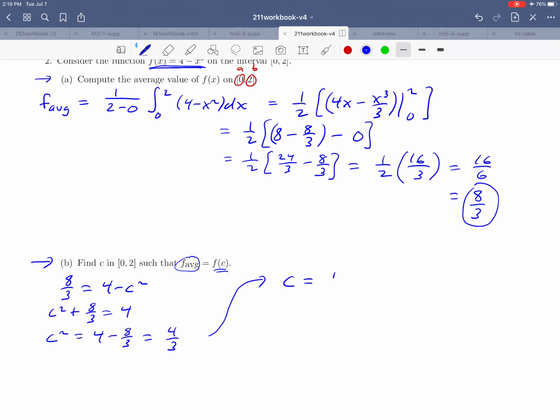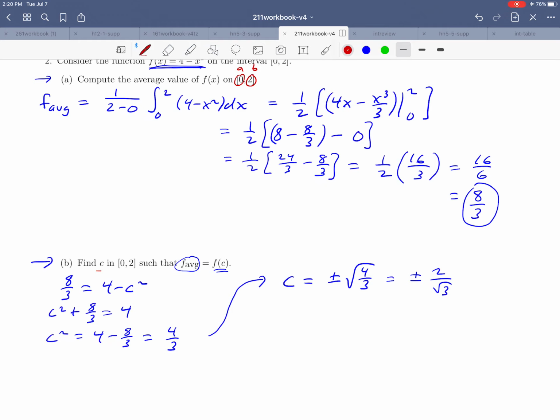And when you do that, there are going to be two possibilities. We might get the plus or the minus square root of 4/3, okay, which we could rewrite as plus or minus 2 over root 3 because the square root of the top, the square root of 4, is just 2. Okay, so that's actually two values for c, but are both of those c values valid?